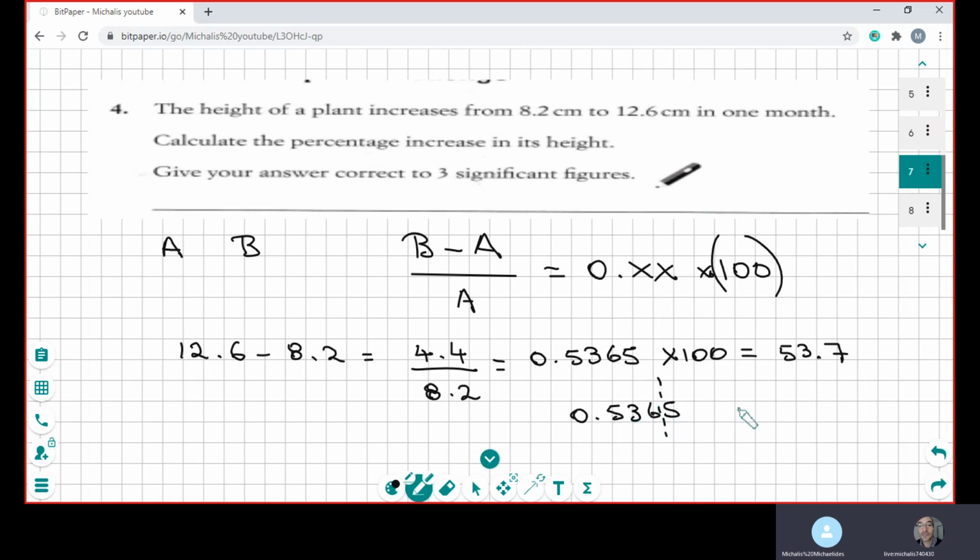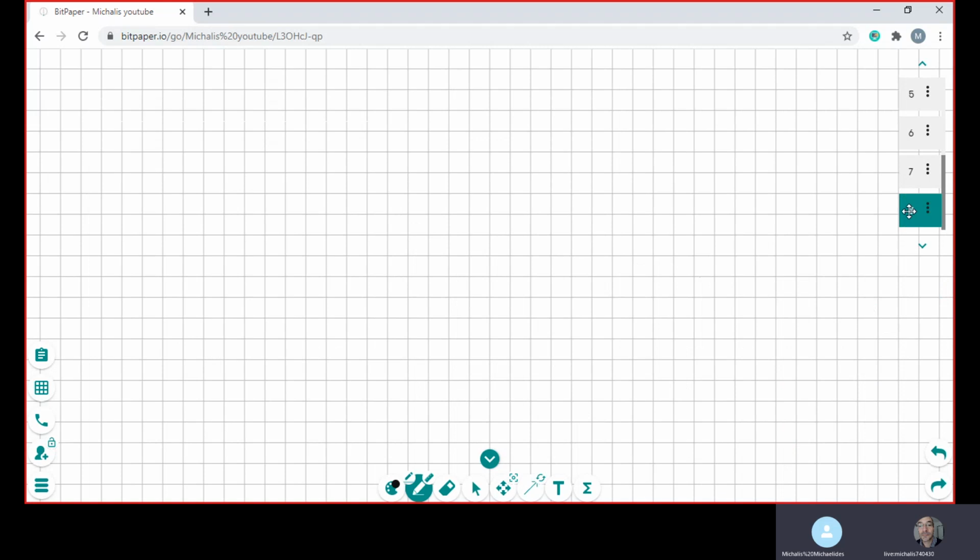So I make it 53.7 here, and then this is 53.7%. Because of this digit, I do rounding up. If it's less than 5, I do rounding down, so I keep it 53.6. Okay, we have done also this exercise.